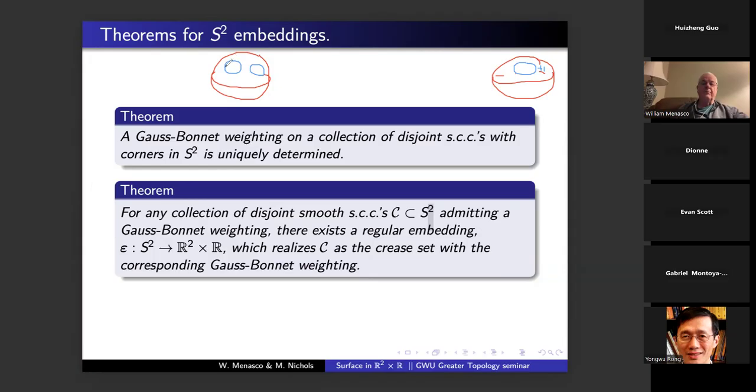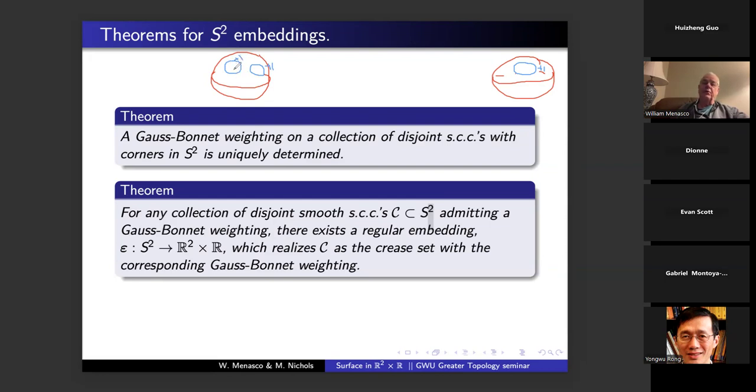Now this curve bounds a disk right here, so I would try to put a weight on it of +1. And this curve right here bounds a disk here, and I put a weight on it of +1. But those two curves together out here bound an annulus whose Euler characteristic is 0.